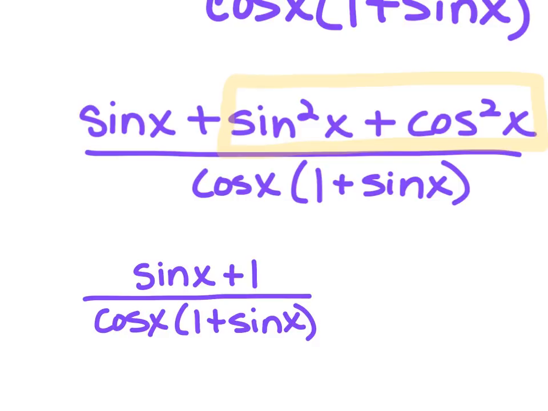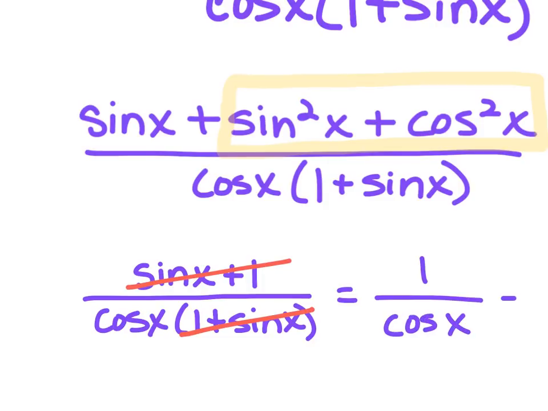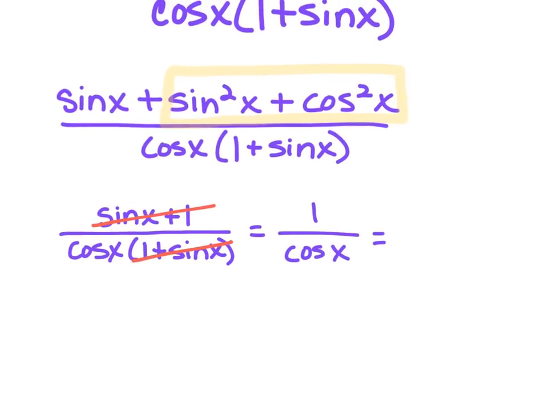Notice now that the whole numerator can cancel with one of the factors in the denominator, and that whole entire thing becomes just 1 over cosine of x, and that gives you secant of x.